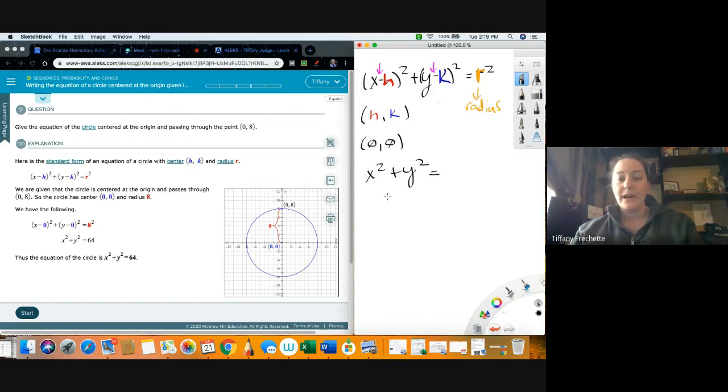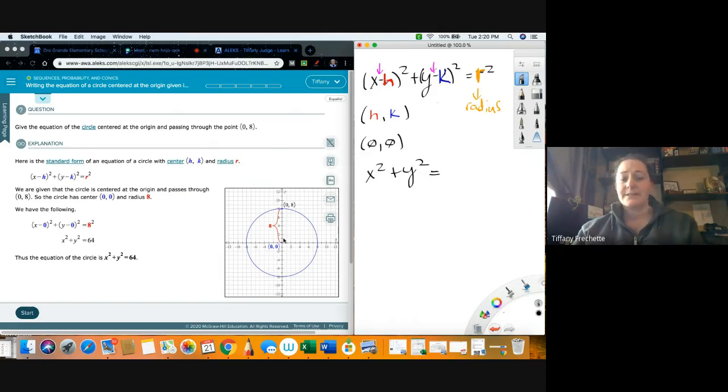What is going to change is our r. So this is if you have a circle centered at the origin, and specifically this topic is labeled that way. So each time we're going to have 0, 0 for our h and our k. The only thing that we have to figure out is what is our radius. If they give us a point, which in this example is (0, 8), what that means is that since the circle passes through (0, 8), your point is 8 spaces away from the center.